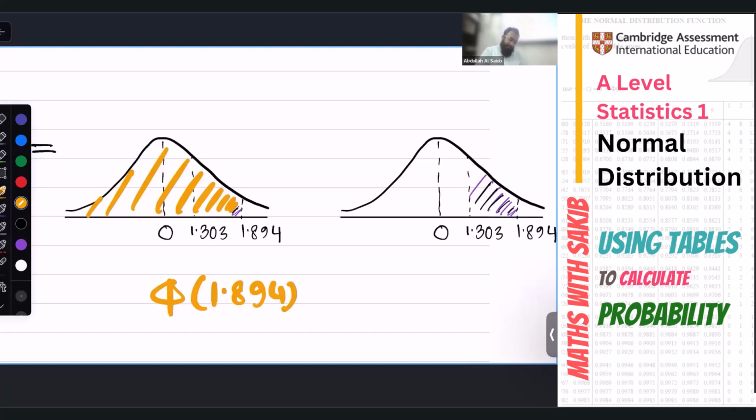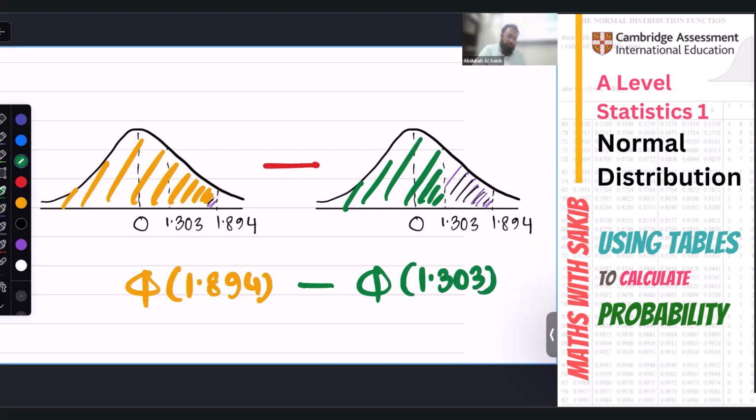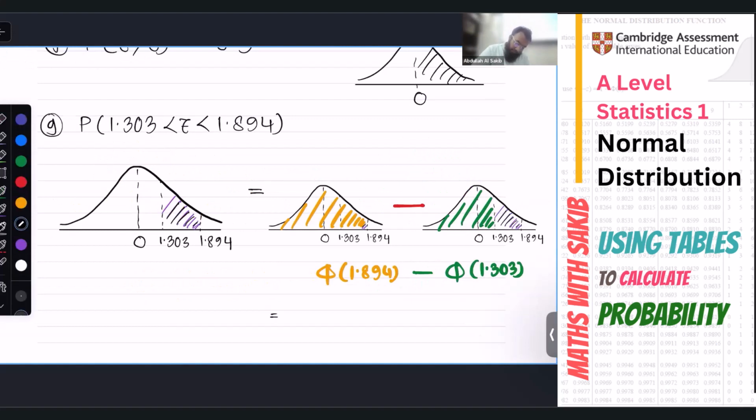Then we subtract the area up to 1.303, that means phi of 1.303. We will get our desired area. You understand? That's basically phi of 1.894 minus phi of 1.303. Clear?